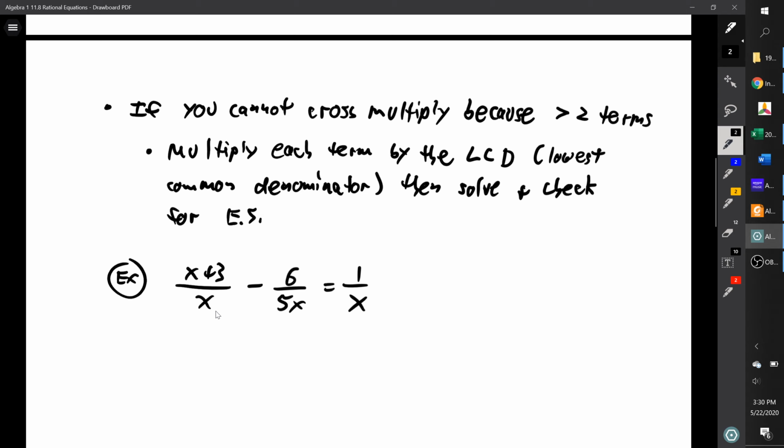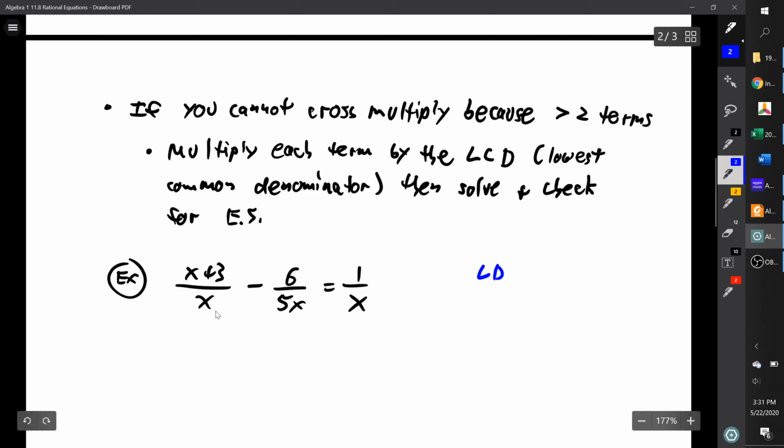So what we can do is we can multiply each side by the lowest common denominator. So what is the lowest common denominator here? In other words, what is the smallest thing that would have each one of these denominators as a factor? And I see, well, what does each denominator have in common? What do we have going on here? We have an x in each, but then we also have a 5.